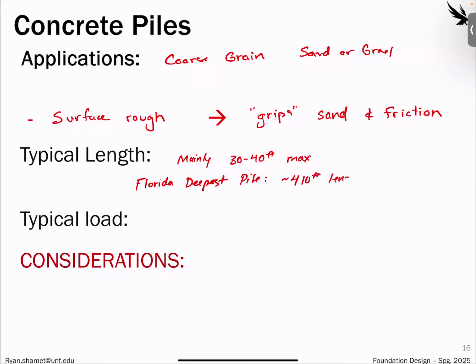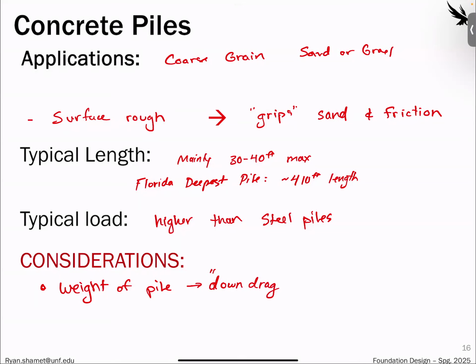Some of the considerations with this is the weight of the pile is actually important. These are heavy pieces of concrete. So if you extend the pile too much, what you actually get is what we call down drag.